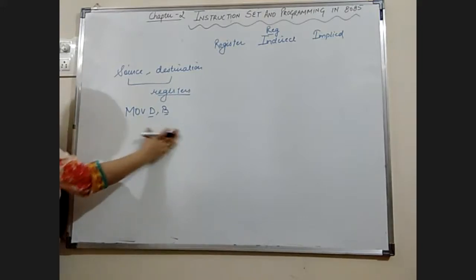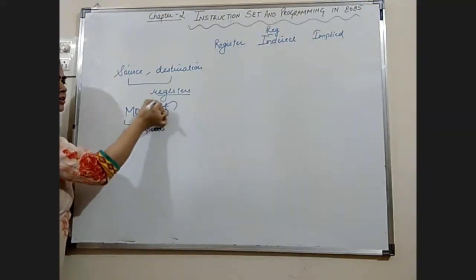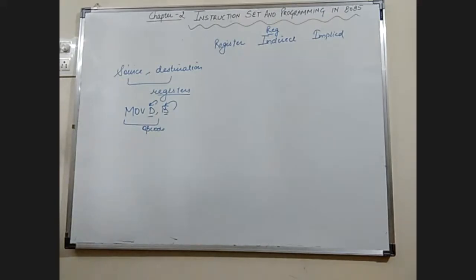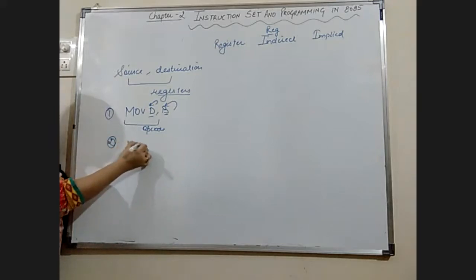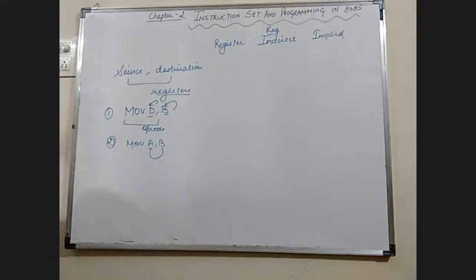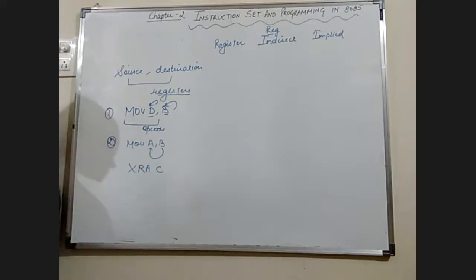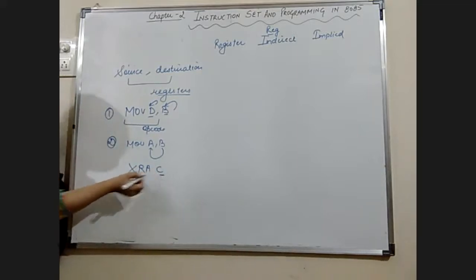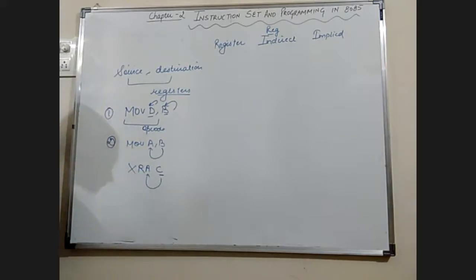In this case you can see this is the opcode and the operand is present within these registers only. The first example is MOV B, B. The second example is MOV A, B, which moves the contents of the B register into the accumulator. Next we have the instruction XRA C. In this instruction the contents of C will be XORed with the contents present in the accumulator.